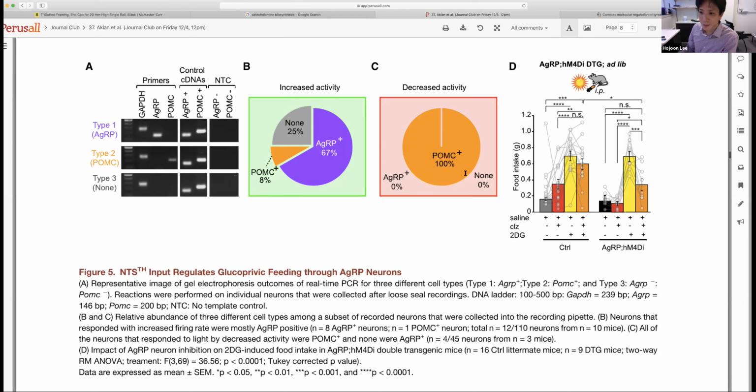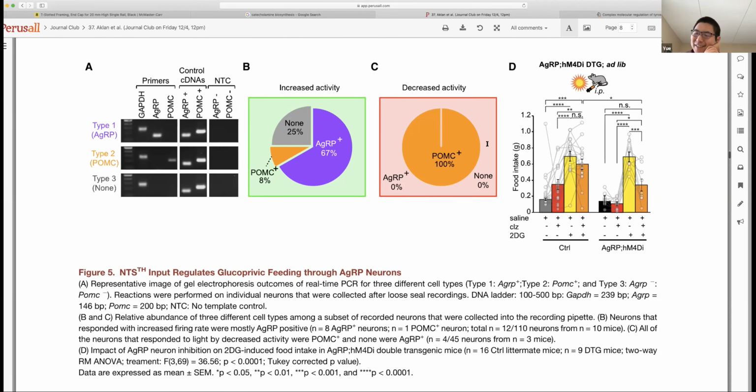So the cells taking up signal in the arcuate nucleus that get the signal from the NTS are AGRP positive, which are known to be hunger inducing, right? They can do a single-cell profiling here. It's way more convincing than designating some markers and looking for evidence for them.